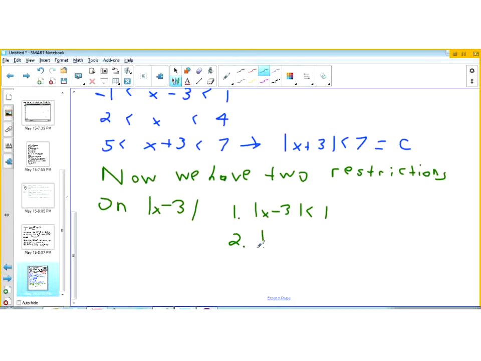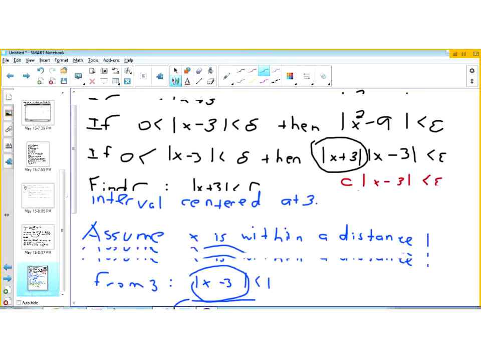The first restriction was our arbitrary assignment, the arbitrary case.